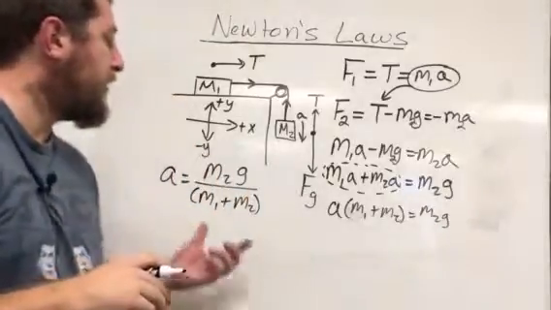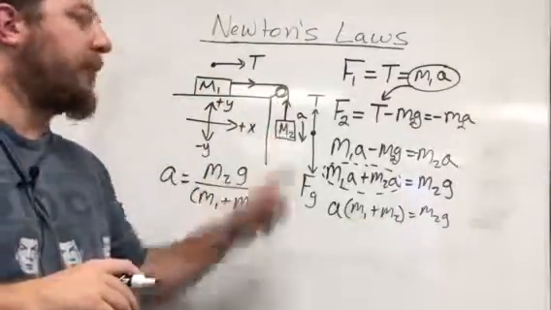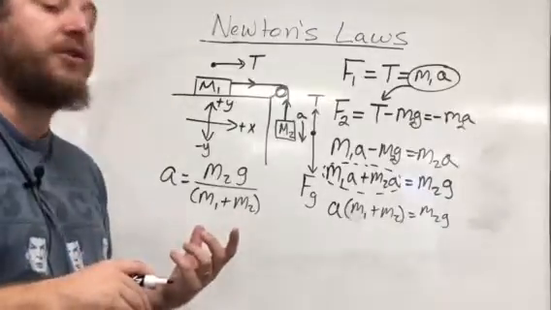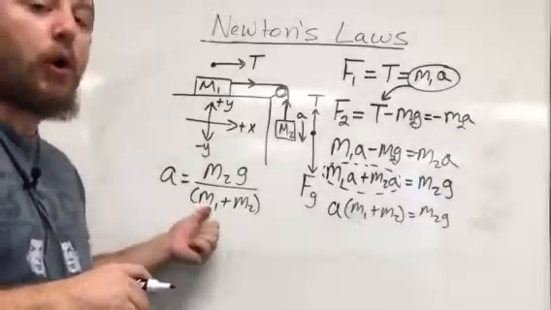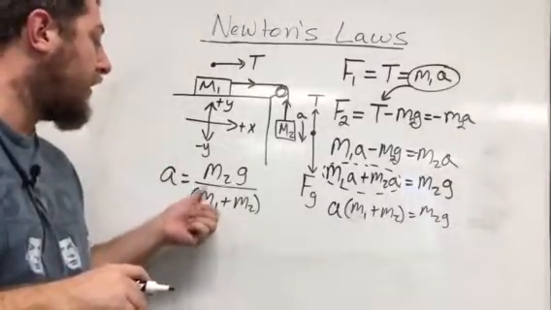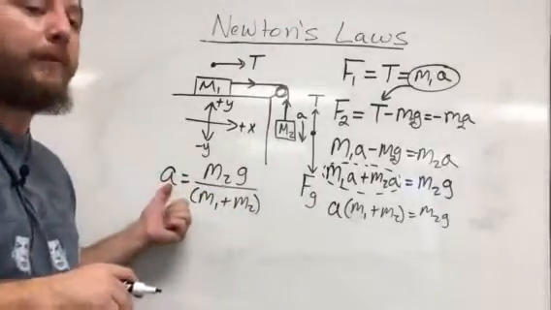And let's make sure this formula makes some sense. What if M1 is really large compared to M2? How's the acceleration going to look? Well, the acceleration shouldn't be very high compared to g, because if M1 is very large, then it's going to dominate this denominator, and the larger you divide things by, the smaller your overall result.